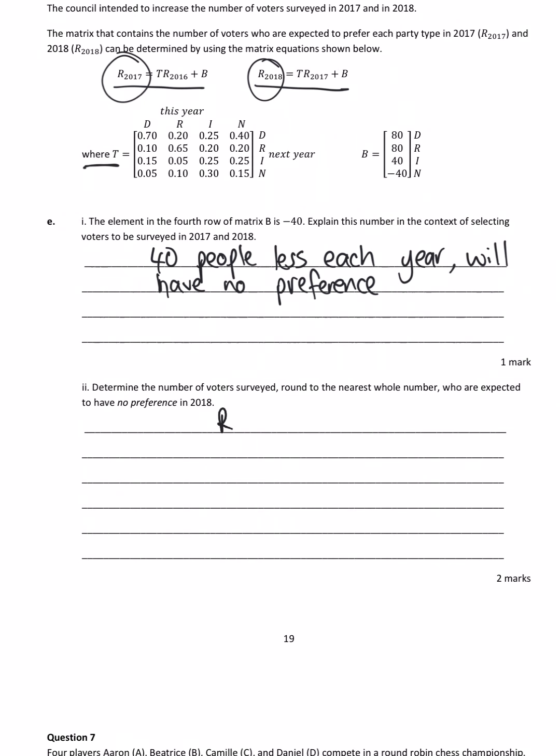What I've got to do is find 2017, which is the transition times 2016, plus our B matrix. And then to find 2018, I'll use T times whatever this answer is, and add B. All right, so I'll quickly do that.